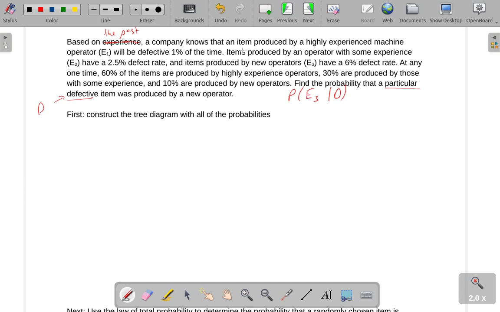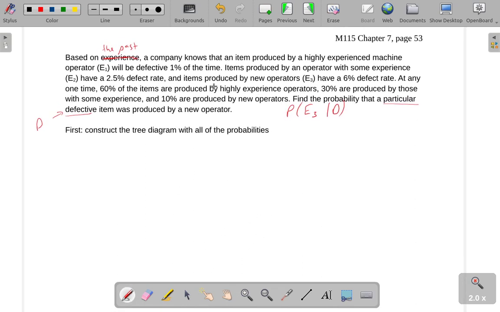And if you look at each of these individual probabilities as you're reading through this, an item produced by a highly experienced machine operator, which we're calling E1, will be defective 1% of the time. So that is the probability that it's defective given that it comes from E1.